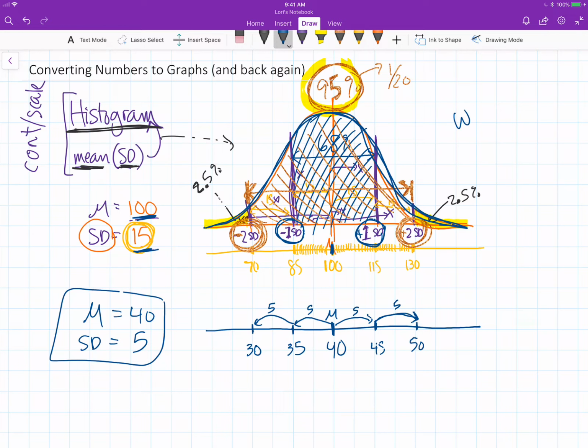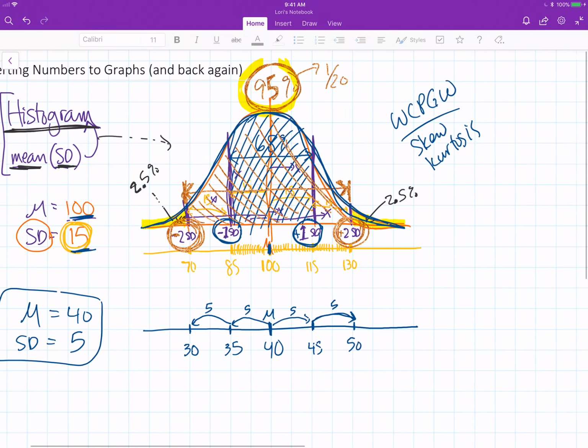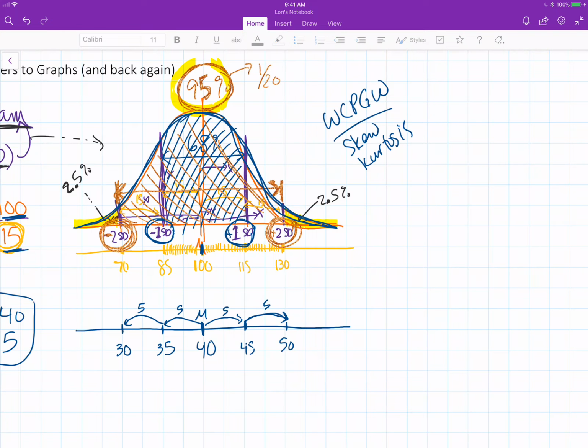So what could possibly go wrong? What can possibly go wrong is if you have significant, and again I want to stress the word significant, either skew or kurtosis. And so what I want to do is really take a look now at what that skew and that kurtosis looks like.